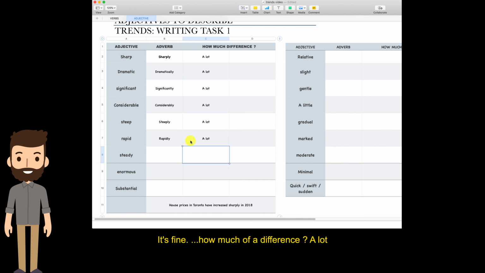How much of a difference? A lot. Steady would be steadily. Make sure you get the spelling right. How much of a difference? It's not a lot. For example, let's say house prices in Toronto in 2017 were $500,000.